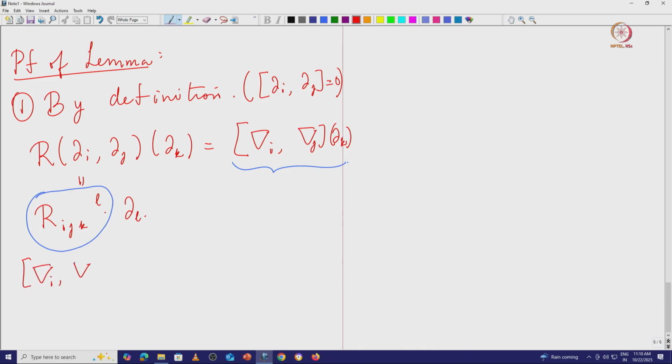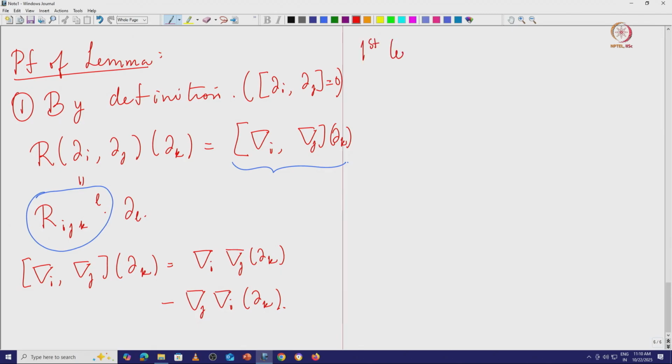Okay, so the commutator of these two applied to del k is del i del j applied to del k minus del j del i applied to del k. Okay, so let's look at the first term.